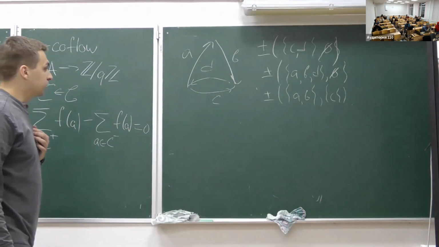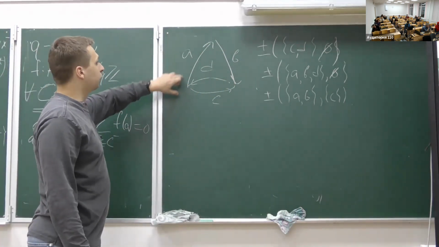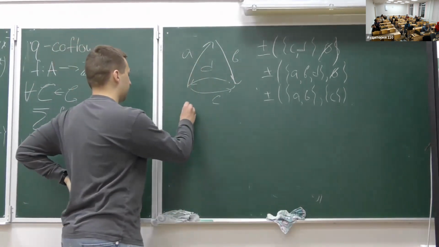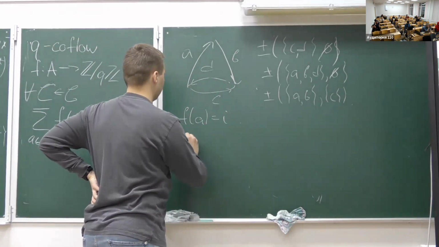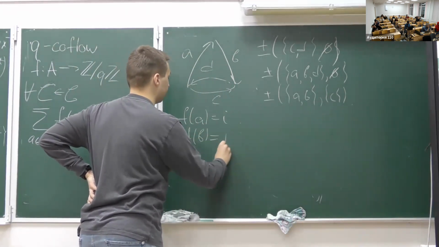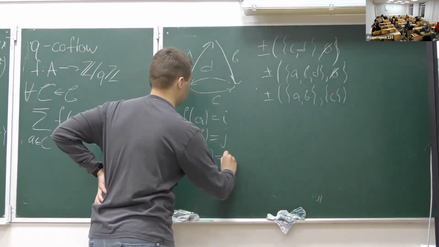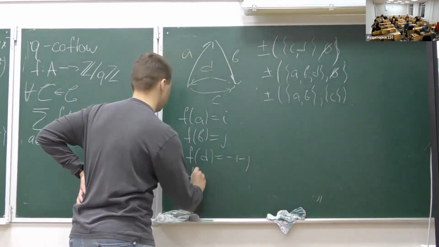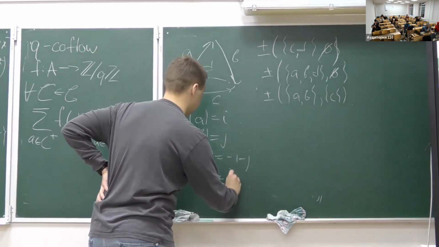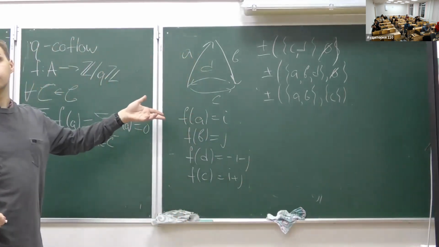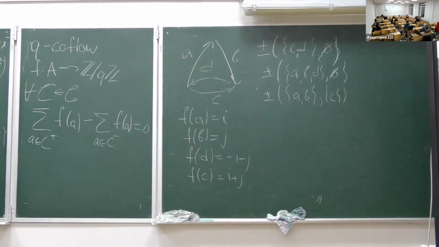So let's say Puka flow on the edge A is equal to I, and the edge B is equal to J. Then we know that on edge D it's equal to minus I minus J, and on edge C it's equal to I plus J. And for any I and J we get a Puka flow. So we get Q squared Puka flows.